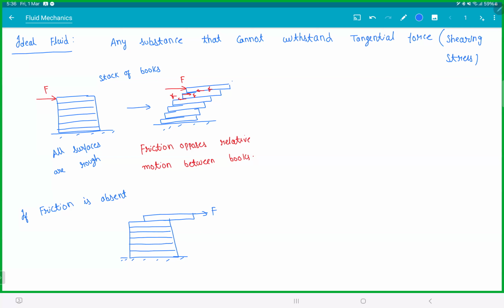Not only that one book, anywhere you apply the force, only that book will move. Make sense? So when force is applied, only that layer will move.